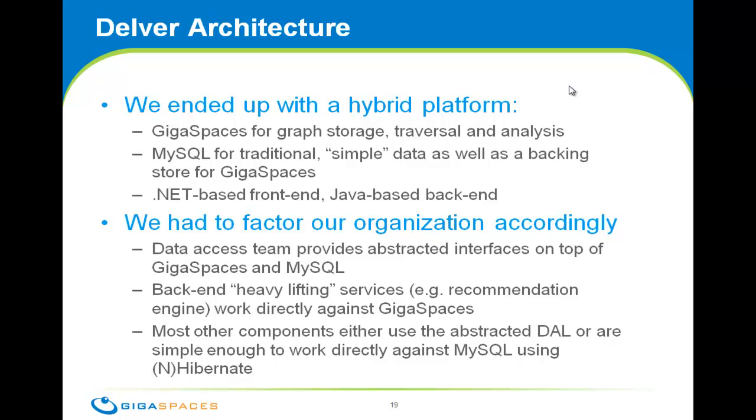We have a .NET-based front end and a Java-based back end. Java is a natural language for working with Gigaspaces, and our team is very comfortable with it. And what we eventually had to do was to factor our organization accordingly. We have a data access team that provides data abstractions on top of Gigaspaces and MySQL to the other teams.